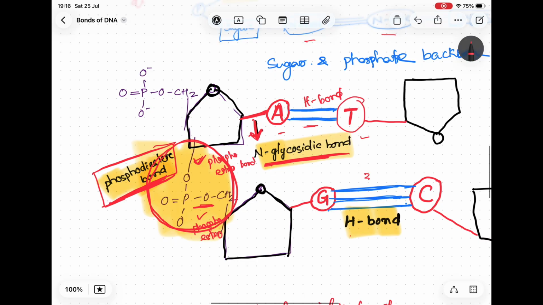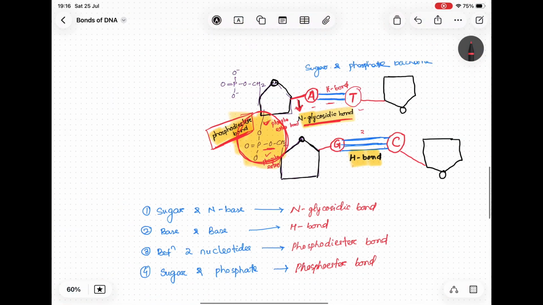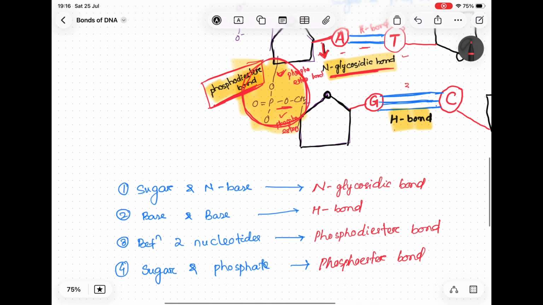So finally, let me summarize it for you. What are the bonds? The bond between sugar and nitrogenous base is N-glycosidic bond. Between two complementary nitrogen bases, it is hydrogen bond. So A will bind with T by double bond and G will bind with C by triple bond.